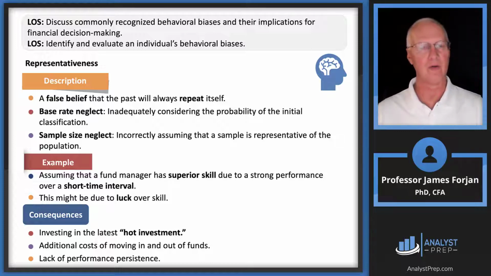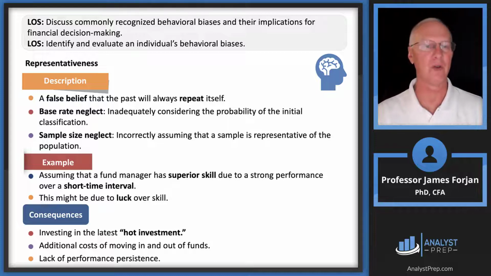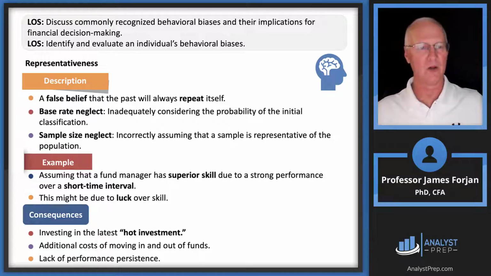Those of you who have multiple children will know that each child makes pretty much the same mistakes that the older siblings did. But the issue here under representativeness is timing. If you say, okay, we had a stock market crash in 1987, therefore we're going to have one in 2008. Oh my gosh, clearly we're going to have stock market crashes, but the timing is the issue.